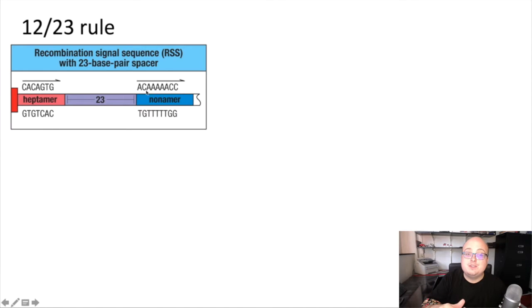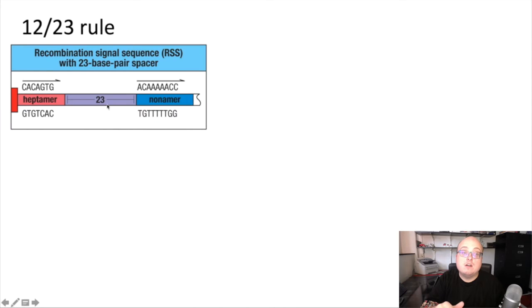On the other end, there's a conserved nonamer. Heptamer being 7 nucleotides, nonamer being 9 nucleotides. But in between the heptamer and the nonamer, there is a spacer of 23 random nucleotides. We're in the DNA. So all they do is provide some space between the heptamer and the nonamer.